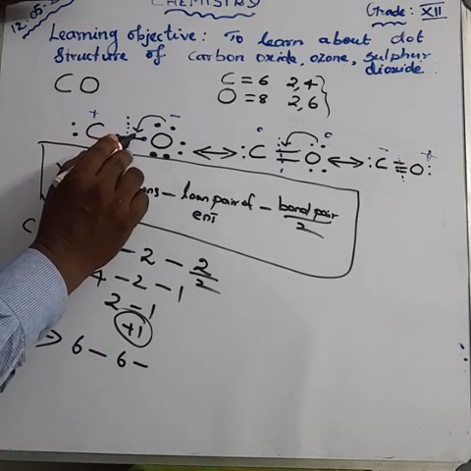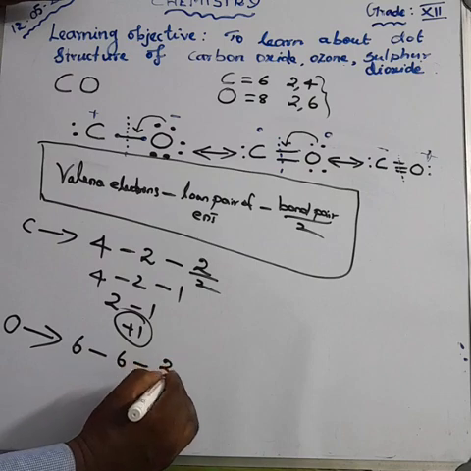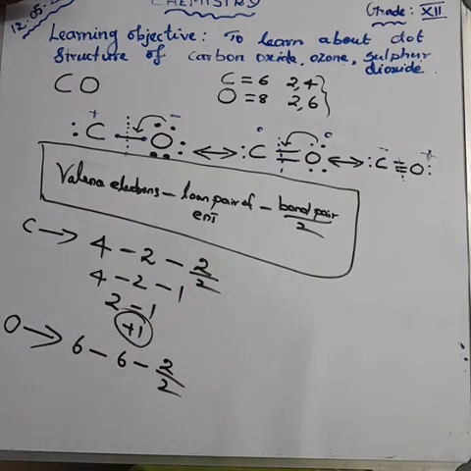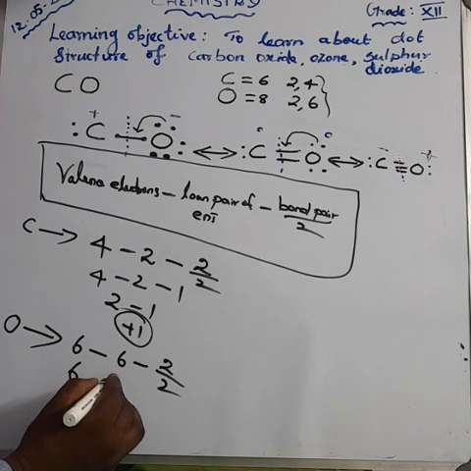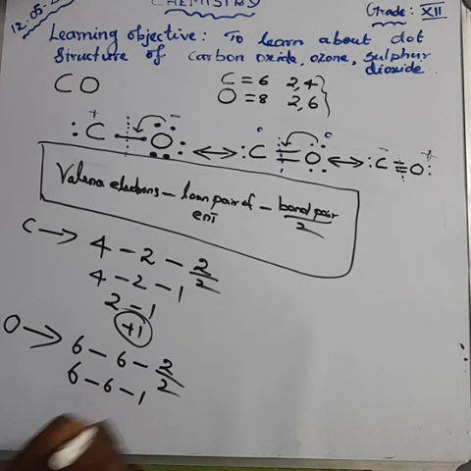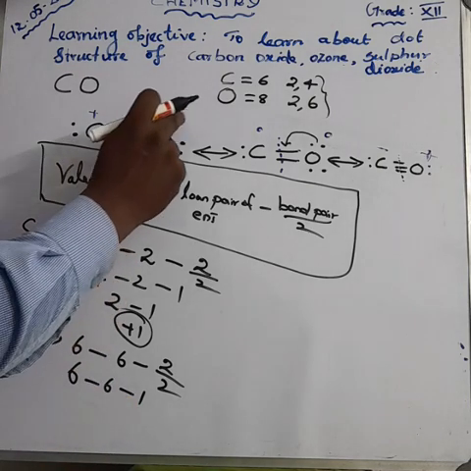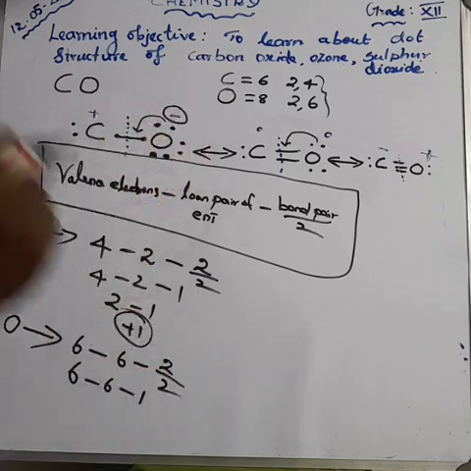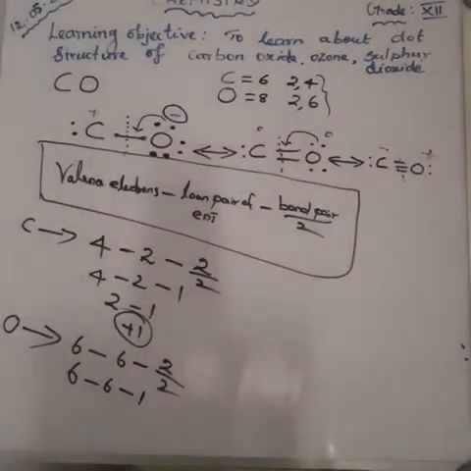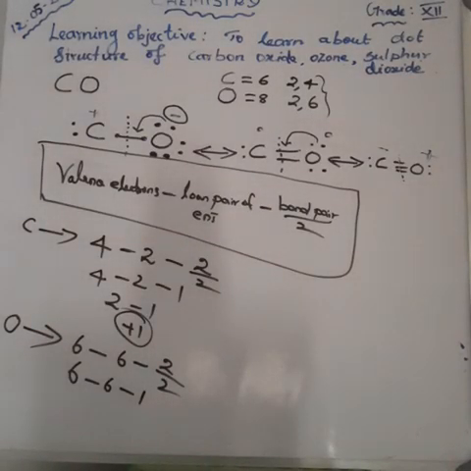Only one bond pair, that is 2 electrons, 2 as per the formula. So we write 6 minus 6 minus 1. 6 minus 6 is 0, 0 minus 1. So what's the charge? Negative. Negative 1 is the charge. This method also we can write.